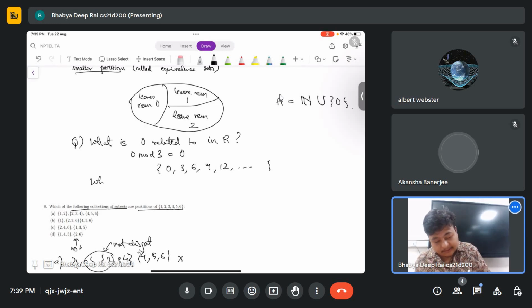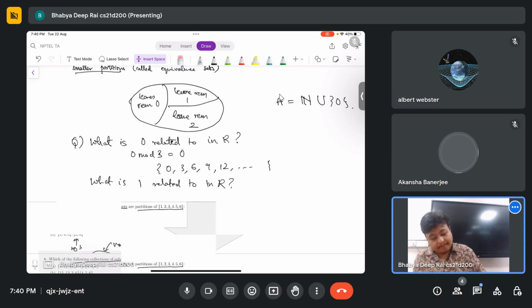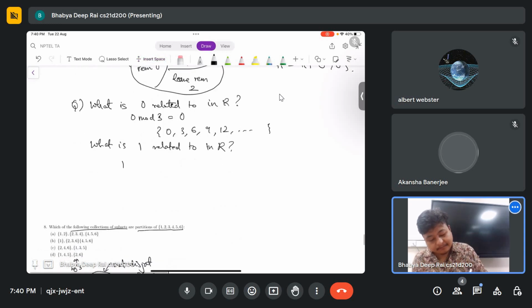Now what is 1 related to in R? 1 mod 3 is 1, and what is it related to? Whatever leaves the same remainder. So 1, 4, 7, 10, 13, and so on.